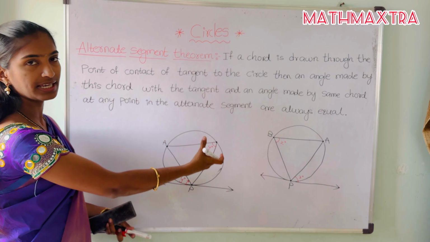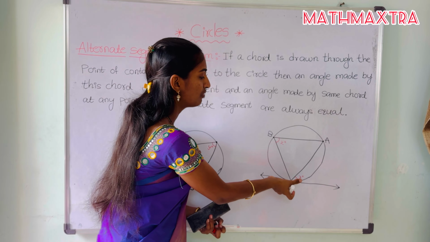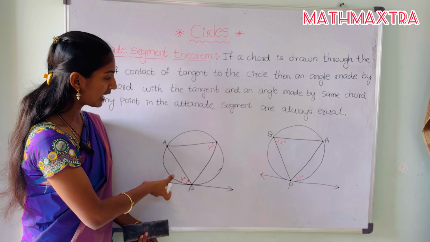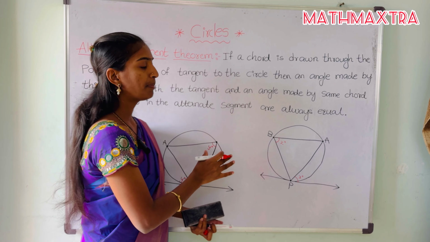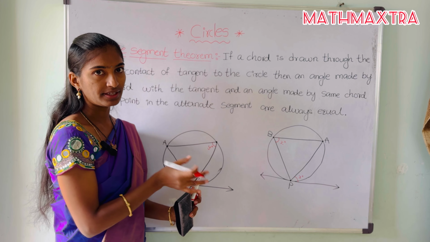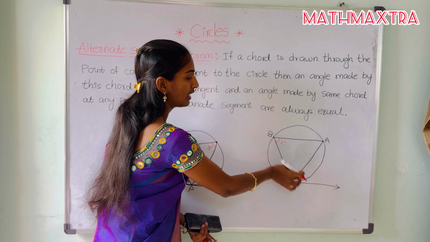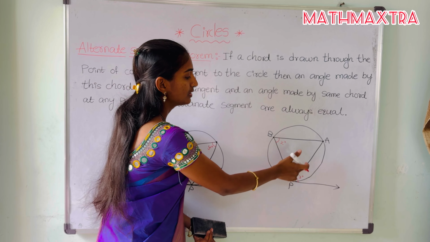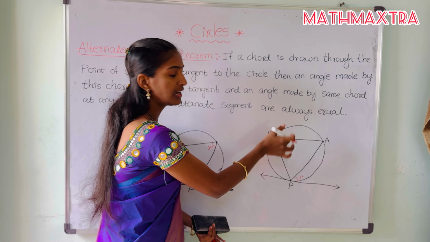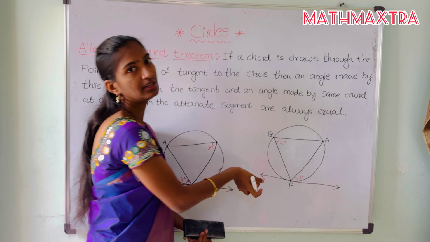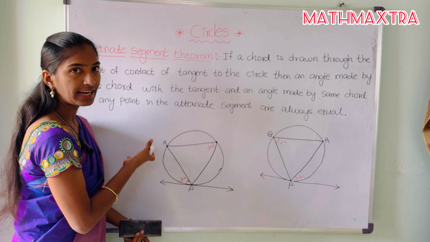You observe the cases. Sometimes in the given questions, they will give the figure like this or they may give it like this. We have to identify that this represents the alternate segment theorem. If this angle is given, you should identify that this is an angle made by the same chord, and that is why this angle is also equal to the angle given. You can identify it if the figure is given like this also.